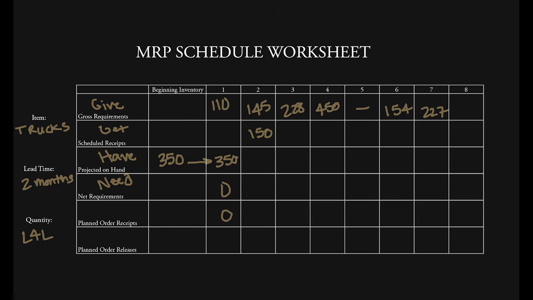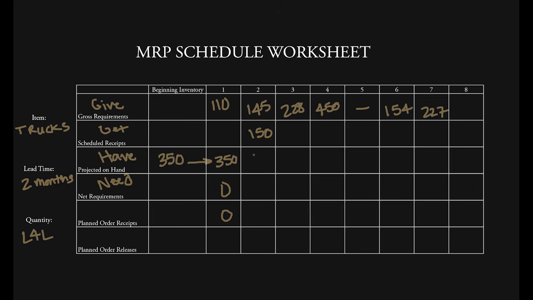And for what we have on hand heading into month 2, we have the 350 we initially had minus the 110 that we gave away or sold, which leaves us with 240. But as mentioned here, we are receiving 150 trucks at the beginning of month 2.